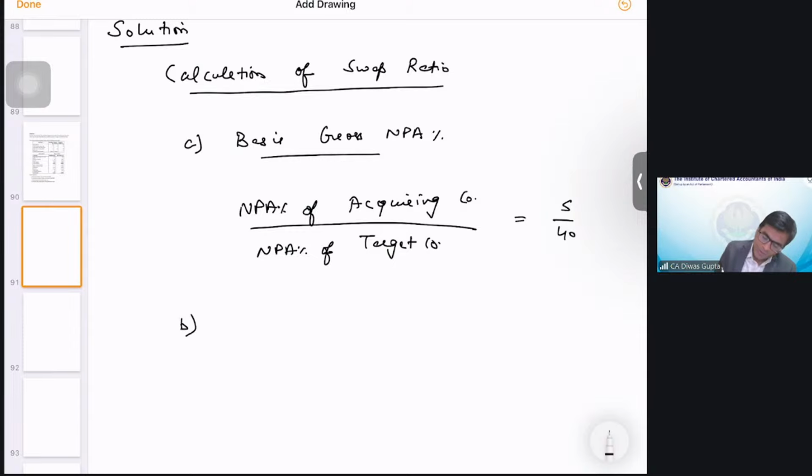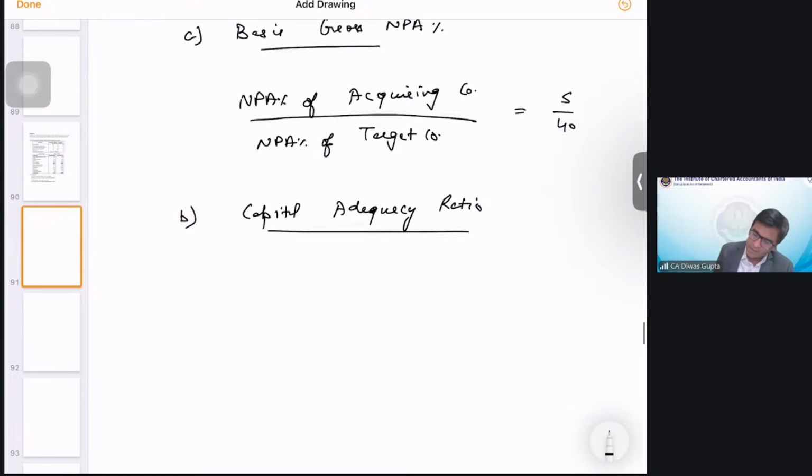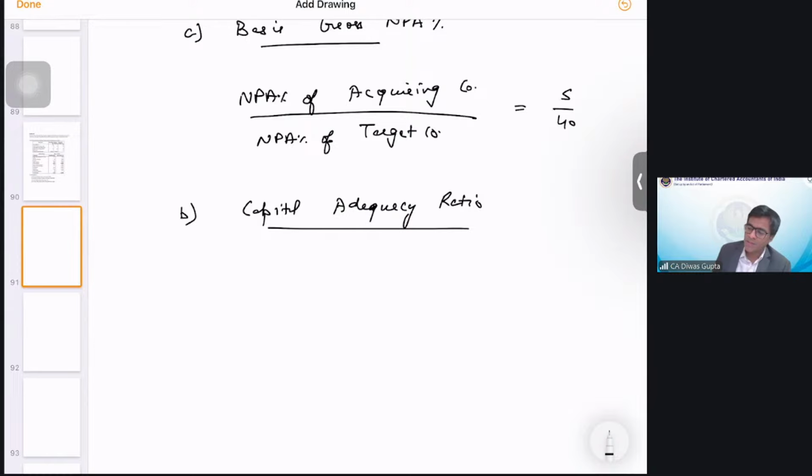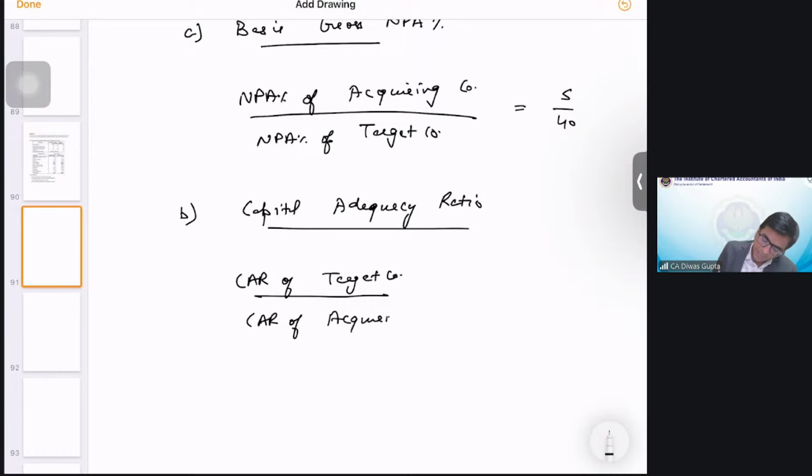The second ratio is capital adequacy ratio. This is calculated in the similar way: capital adequacy ratio of target company divided by capital adequacy ratio of acquiring company.